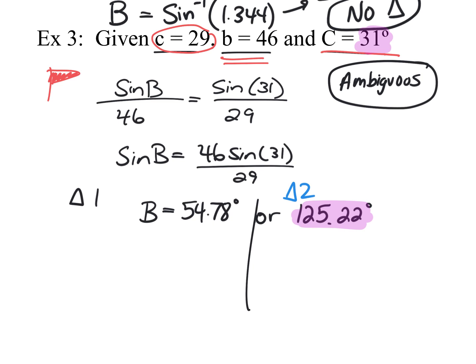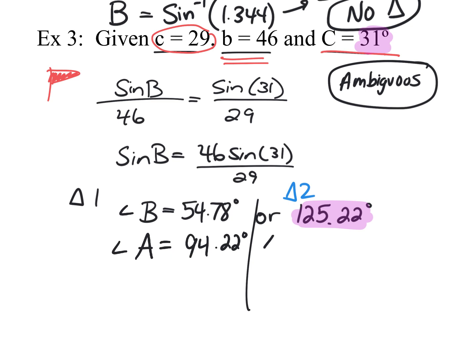So if angle C is 31 degrees and angle B is 54 degrees, angle A on the left-hand side is going to be relatively large. We can subtract 54.78 and 31 from 180, and what we will find is that angle A is 94.22 degrees in triangle 1.